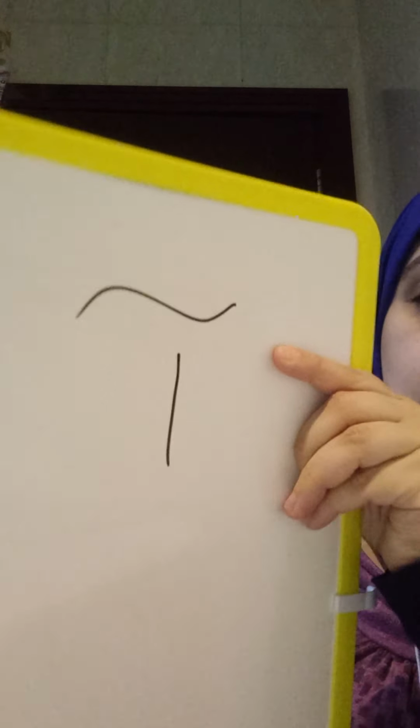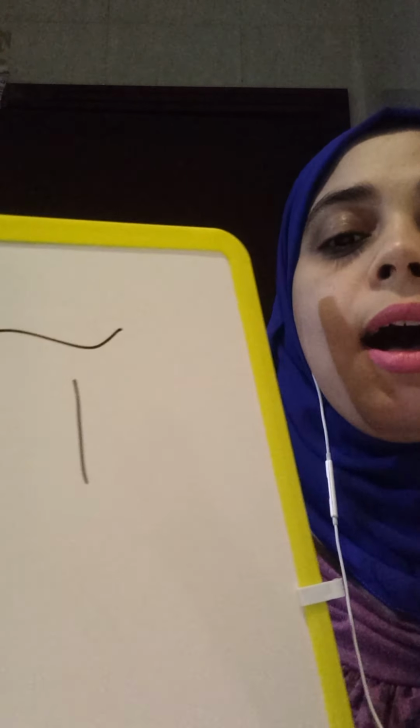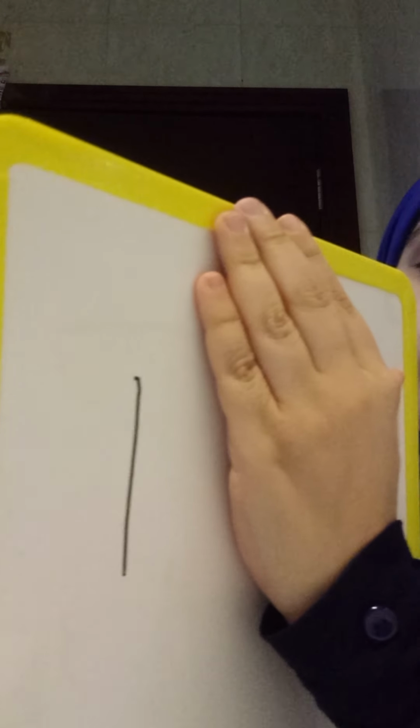With hamzat al-mad: ba'a, ba'a. Did you feel the difference? So if there is this hamzat al-mad, this shape, we add an a sound. Without this hamza, it's just a sound, like baba, dada, gaga, lala. You got it?